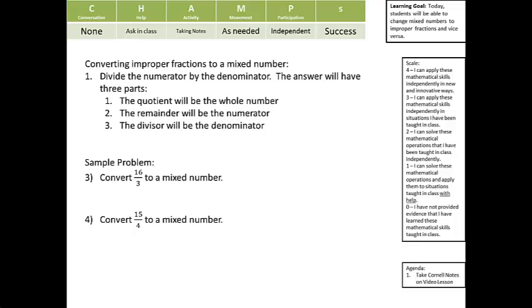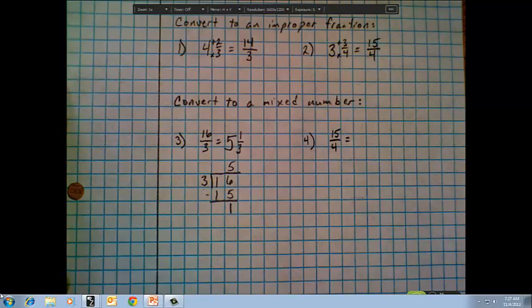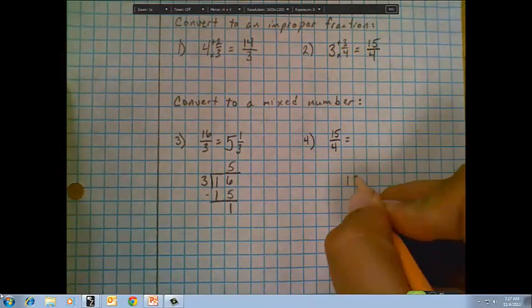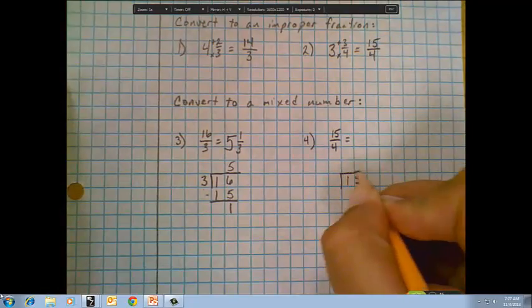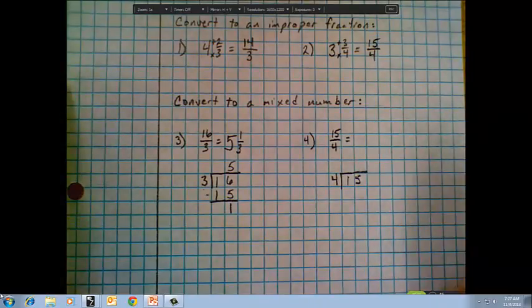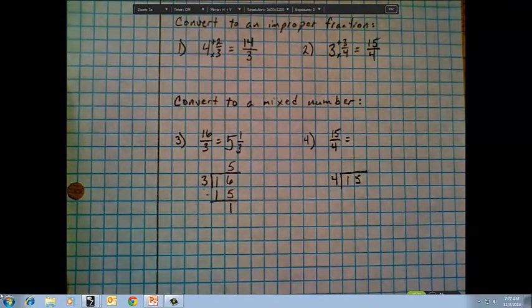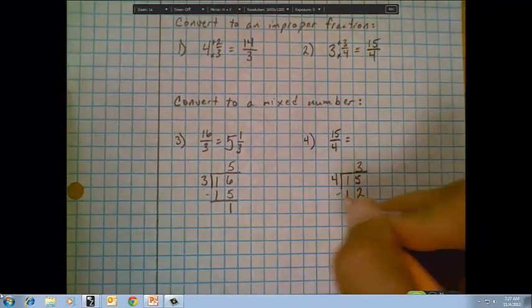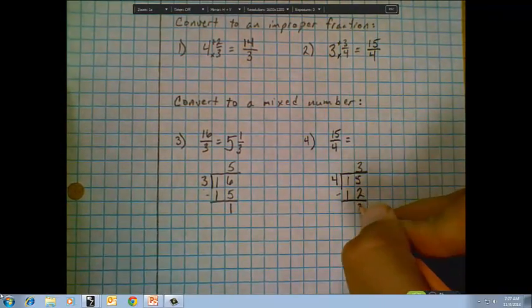Alright, so let's do one more sample problem. We're going to convert 15 fourths to a mixed number. So the first step tells us that we're going to take 15 fourths. We're going to put the 15 inside the house, and the 4 goes outside the house, and we're going to divide. 4 goes into 15 3 times. 3 times 4 is 12. We're going to subtract and get a 3.